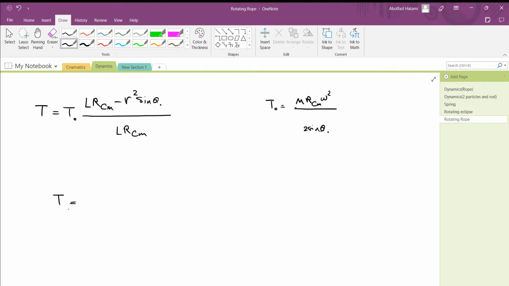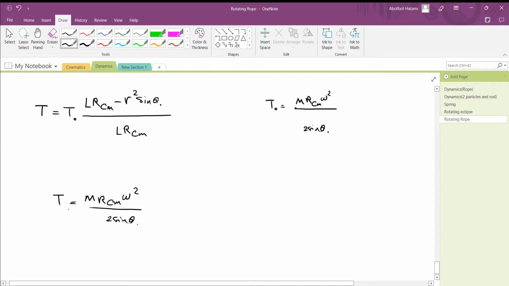is just M RCM omega to the power 2 divided by 2 sine of theta 0, times LRCM minus R squared sine of theta 0 divided by LRCM.